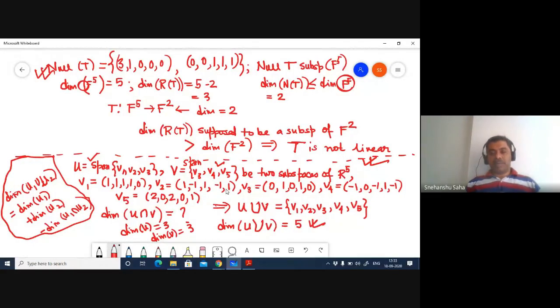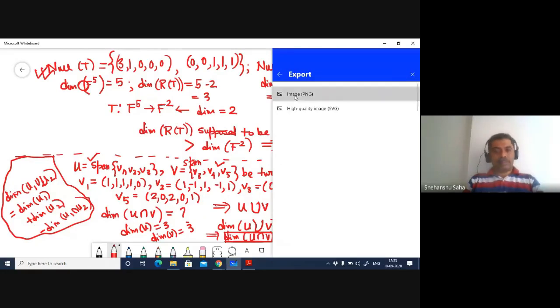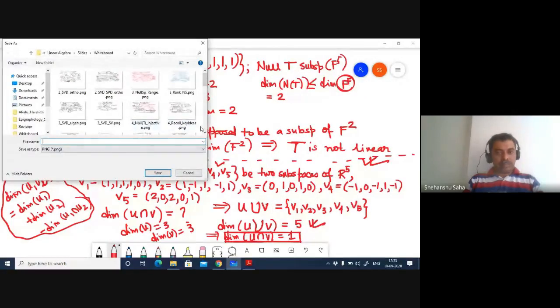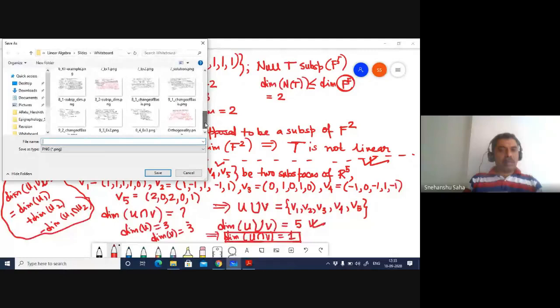So the dimension of U intersection V is equal to 1.